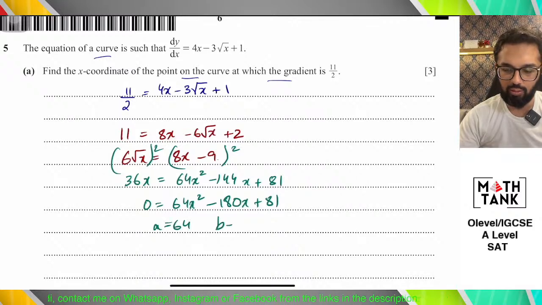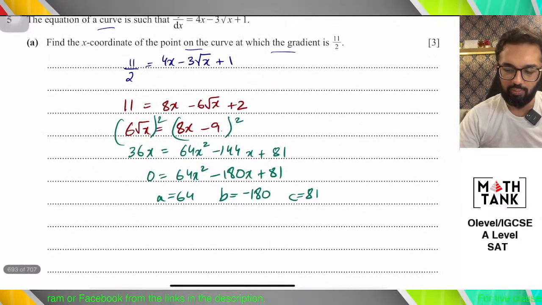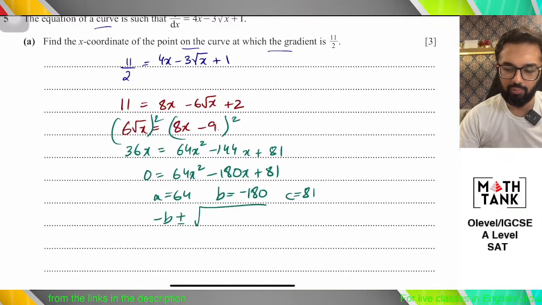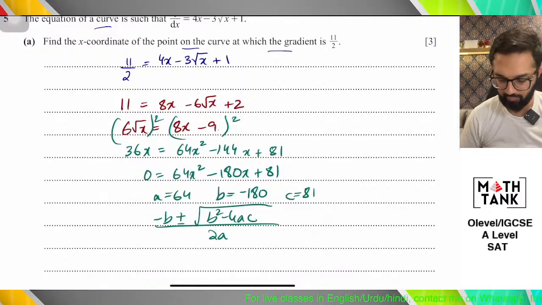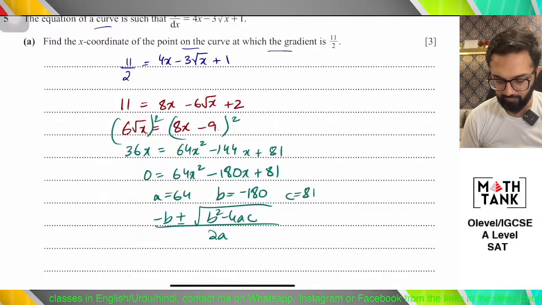So A, B, C. To write my quadratic formula, that's what I'm doing on my calculator. 64 minus 180 and 81.